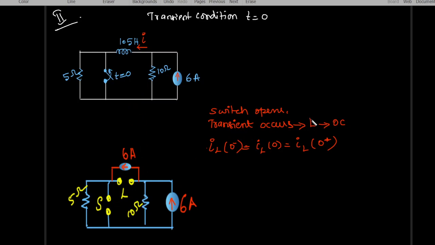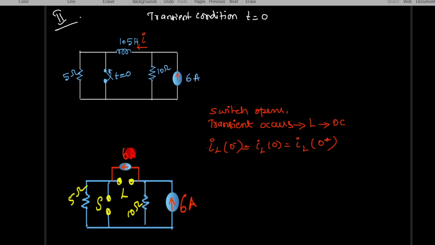Okay, so we know that this L is acting as an open circuit. Even then it would be supplying the current which it had earlier during its steady state, that is at t less than 0 time period, right? So it has its 6 amperes current, and this switch is actually open, right? So this 5 ohms and this 10 ohms will be existing.